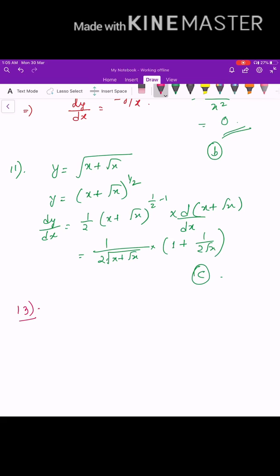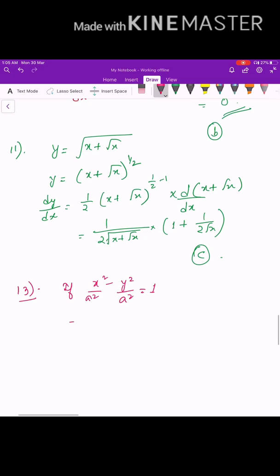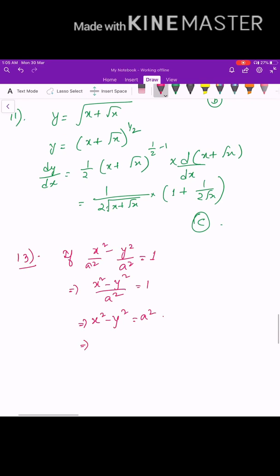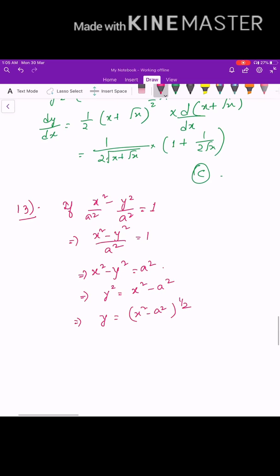Question number 13. If x square by a square minus y square by a square is equal to 1, dy by dx can be expressed as a square. I'll take the LCM. So this becomes a square. x square minus y square is equal to a square. Now I have to find dy by dx. So let us express y square as x square minus a square. y is equal to under root of x square minus a square or x square minus a square to the power half.